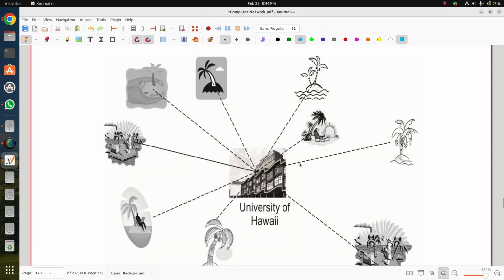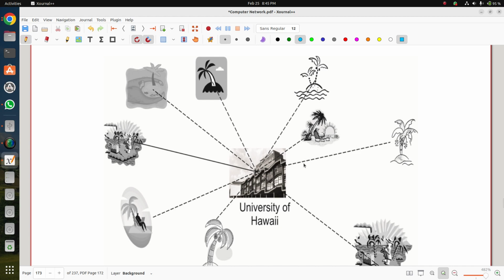Suppose you can think of this as the central island where the computing facility was, and that complete computing facility was to be accessed by every other department across different islands.